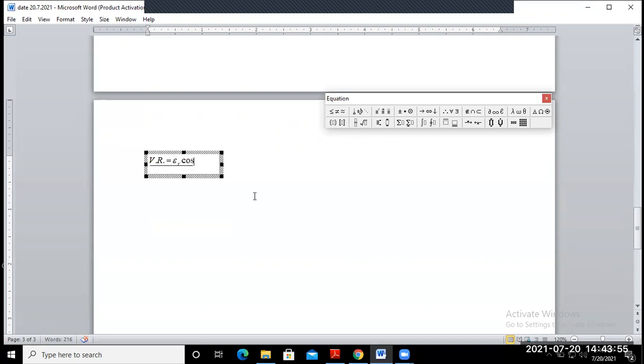Epsilon r cos theta 2 plus epsilon x sin theta 2.